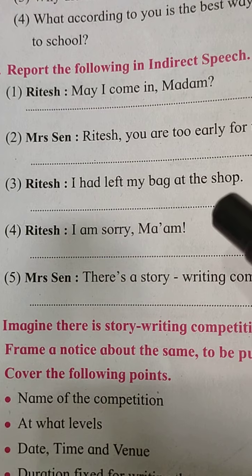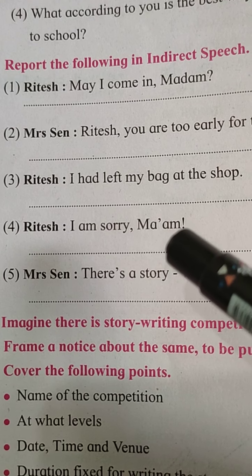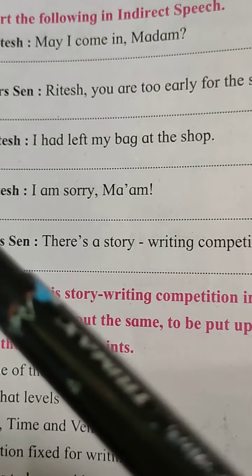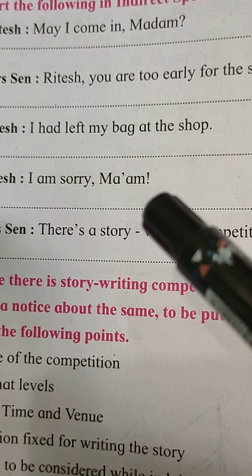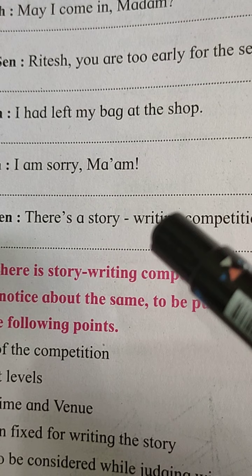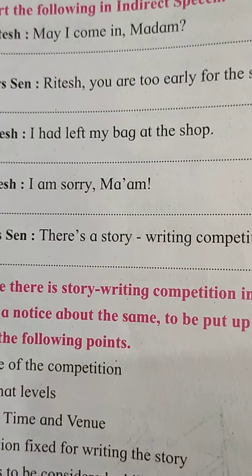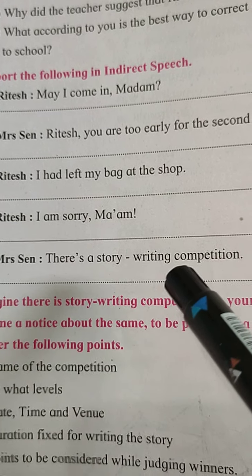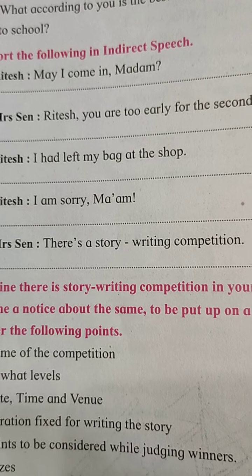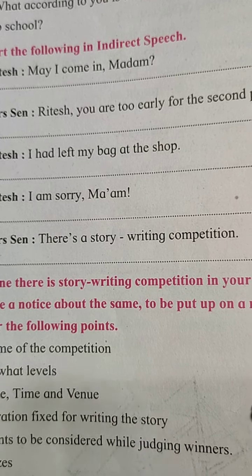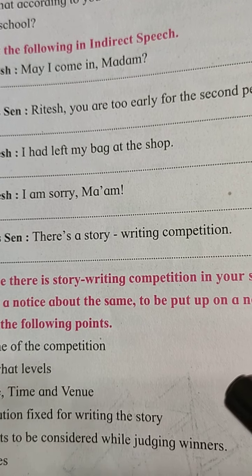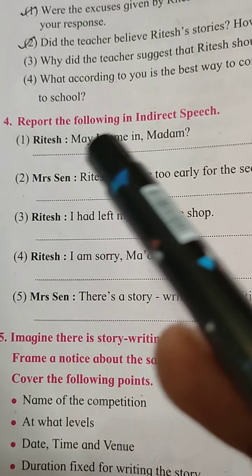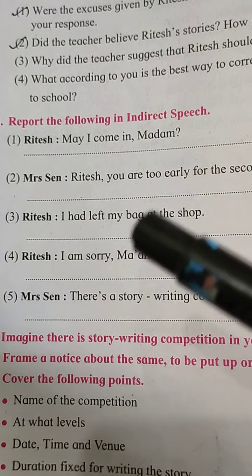Ritesh said that he had left his bag at the shop. Ritesh: I am sorry, ma'am. Ritesh told the teacher that he was very sorry. Mrs. Sen: There's a story writing competition. Mrs. Sen said that there was a story writing competition. So that is the way you can change direct into indirect.